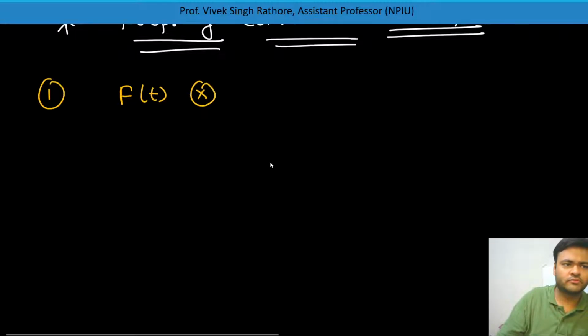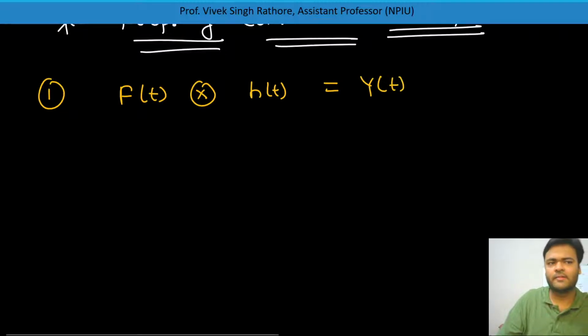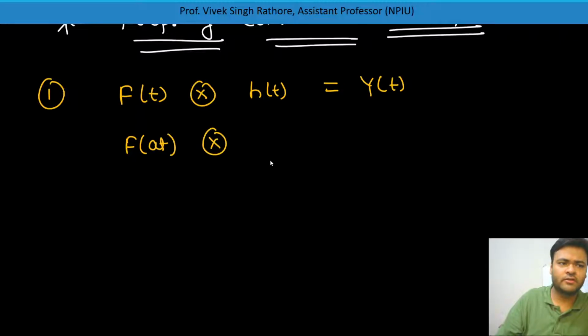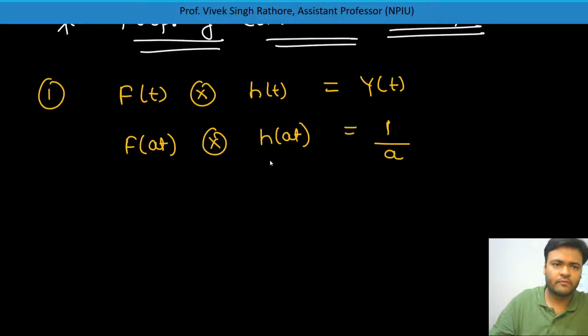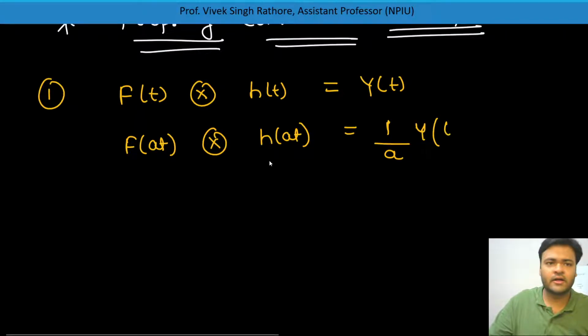See, the first property, write with yellow. If your f of t is convolved with h of t, you get the output, let's suppose, y of t. But suppose your signals are time scaled: f of at convolved with h of at. Both are time scaled. Then we get 1 by a times y of at.